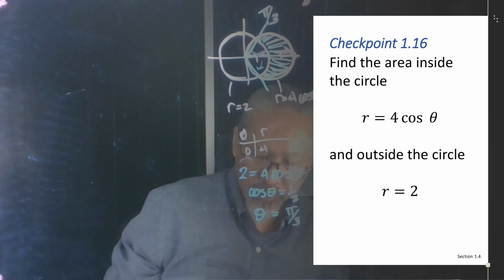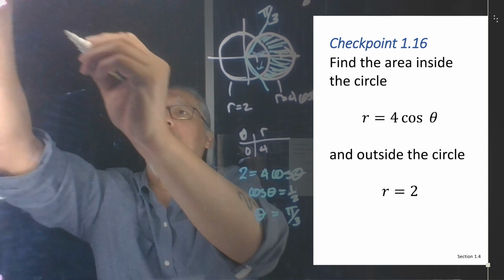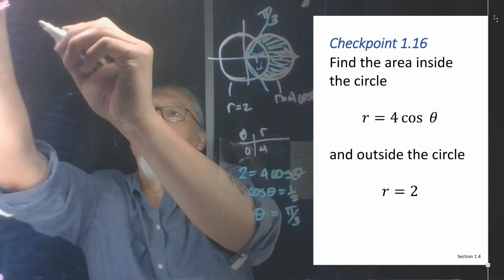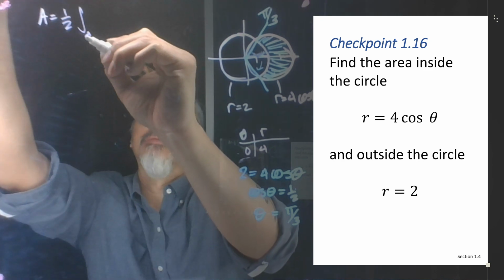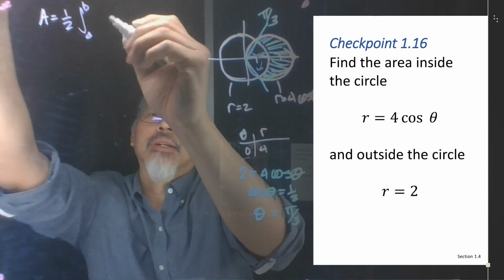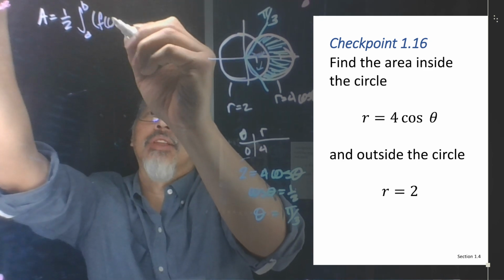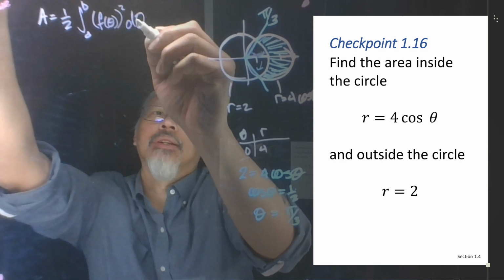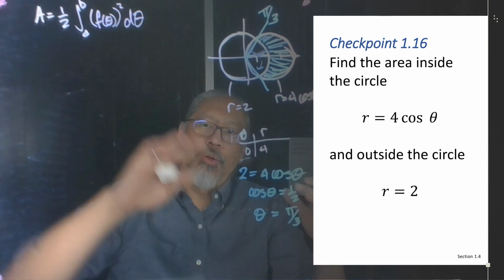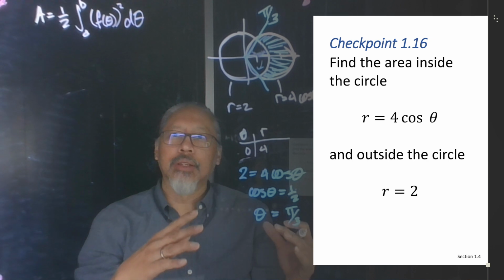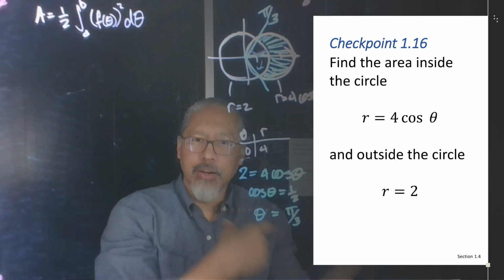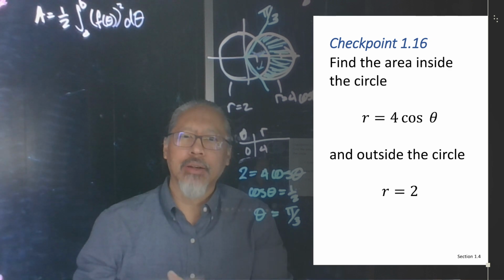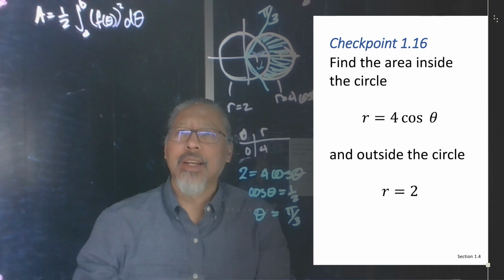To find the area, if you remember, the formula for the area is going to be 1/2 the integral from some a to b of f of theta squared d theta. But now we're looking at the area between two things. So imagine getting the area of the big one and subtracting the area of the smaller one. What does that entail?